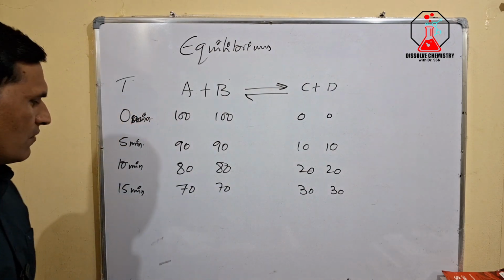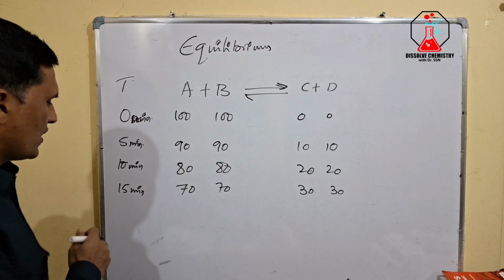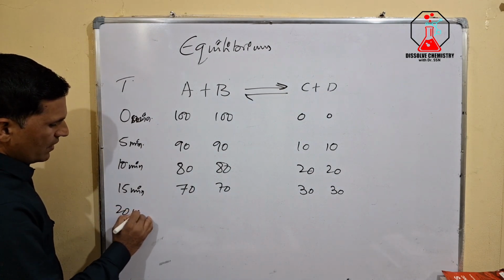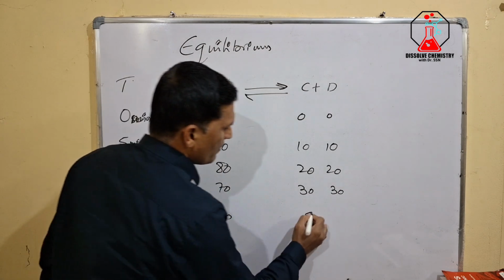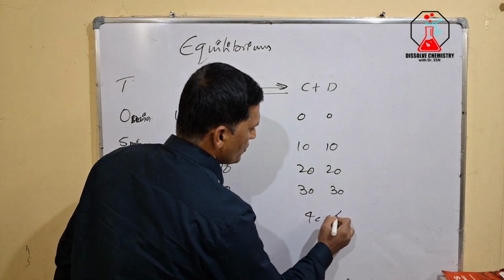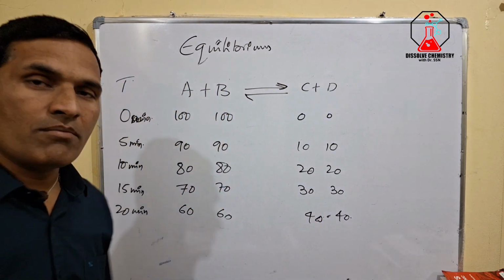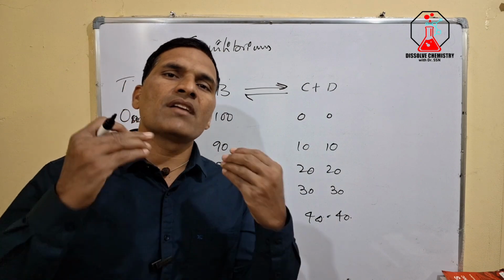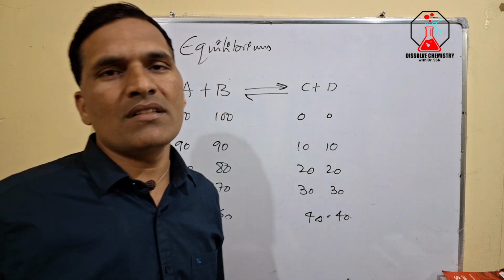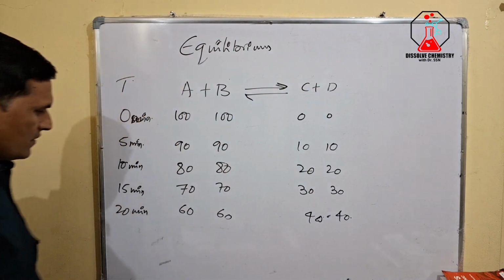Then I allowed it to go for another 5 minutes and checked again. At 20 minutes it was found to be 60, 60, and we get 40 each. This is a hypothetical example. These values are taken purposely to make you understand what we mean by equilibrium. So make note of these things.